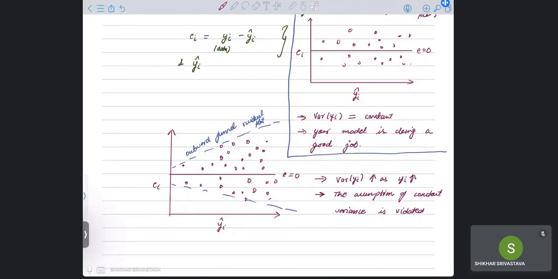Or the opposite can also happen. You can have another case, an inverted funnel, where the variance goes on decreasing as you increase y. In that case also your variance is not constant.